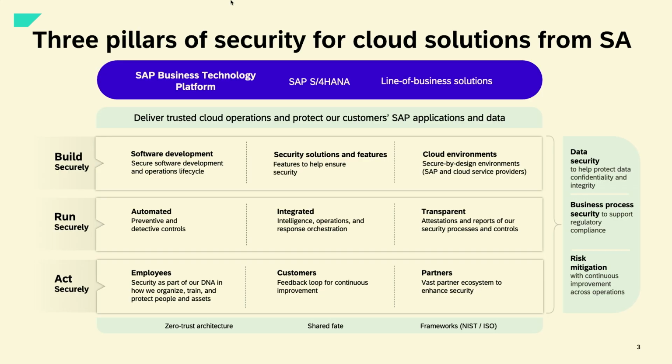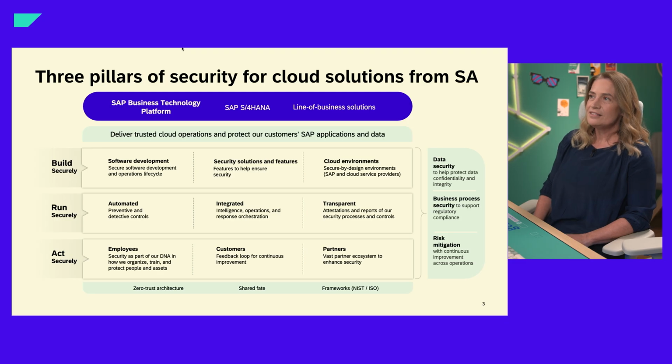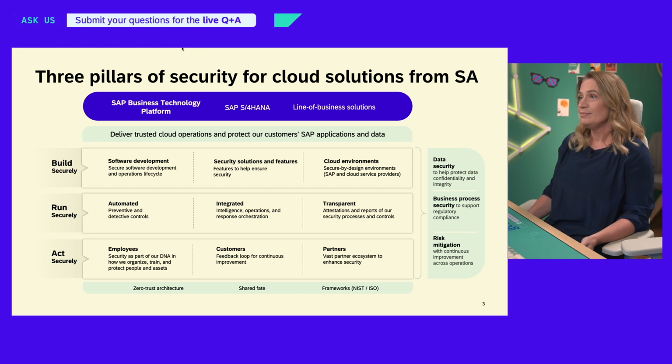First of all, the security infrastructure and all of our security endeavors within BTP are built on three pillars: building securely, running securely, and acting securely. All of this rests on a foundation of a zero trust architecture, which basically means that we trust no one unless they have proven that they actually are who they claim to be.